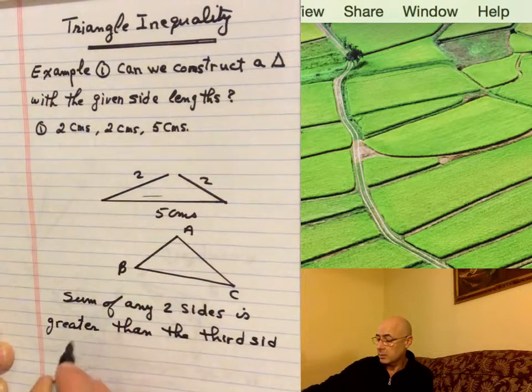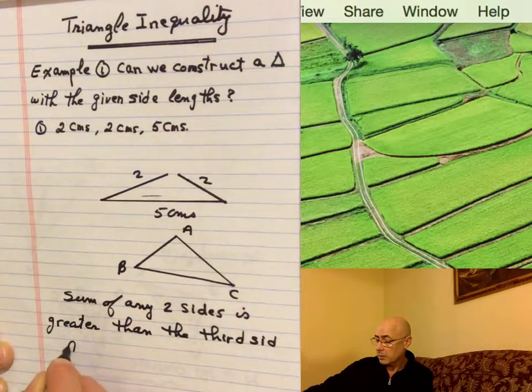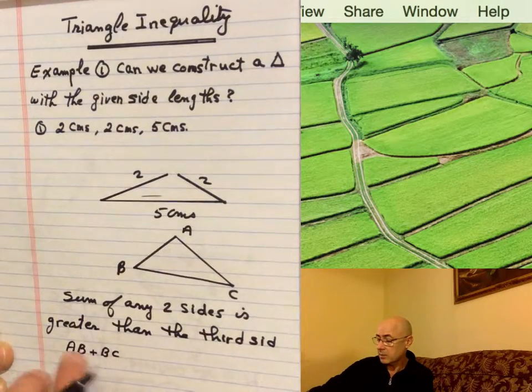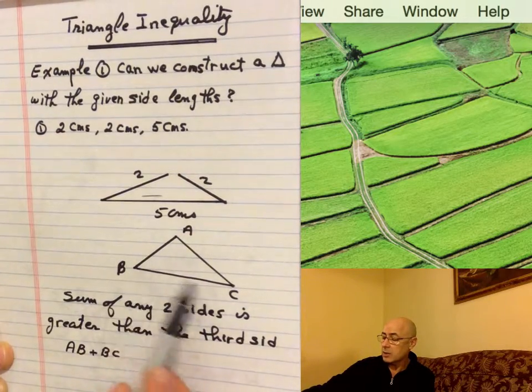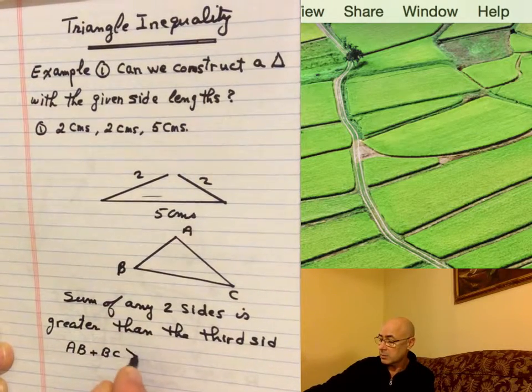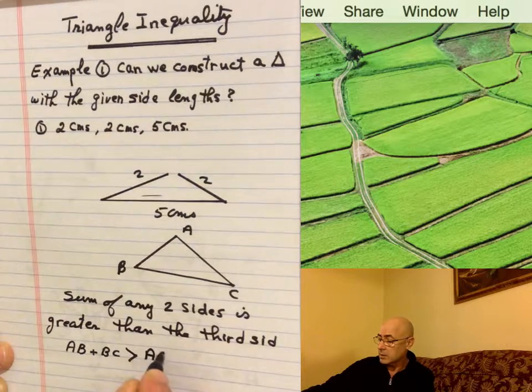So on this triangle, if I'm doing AB plus BC, the sum of these two sides has to be greater than the third side. So that's greater than AC.